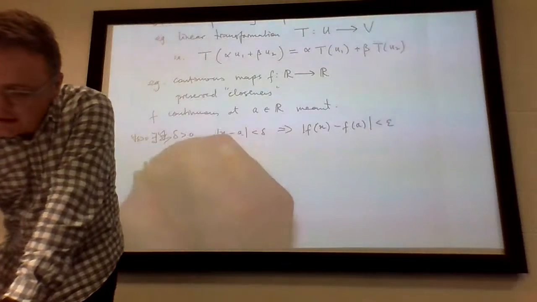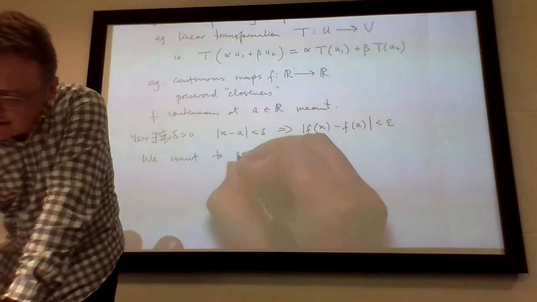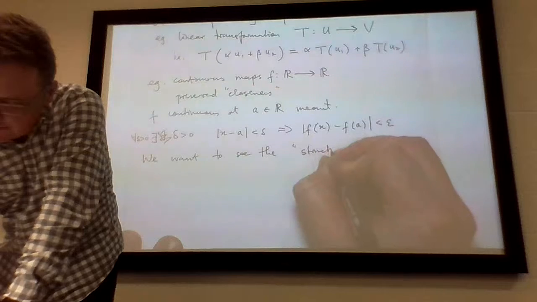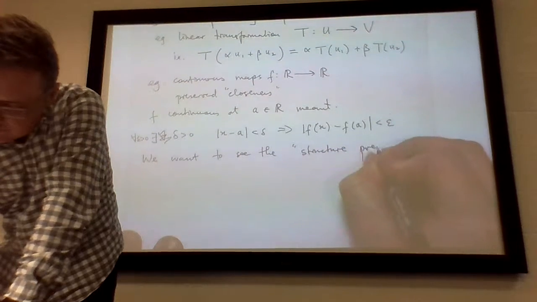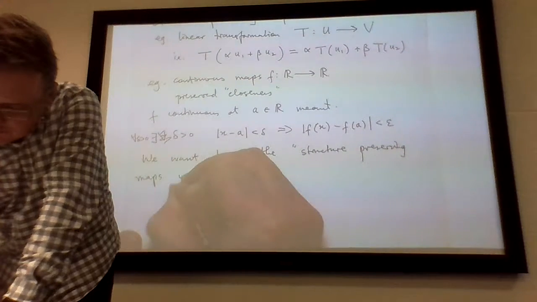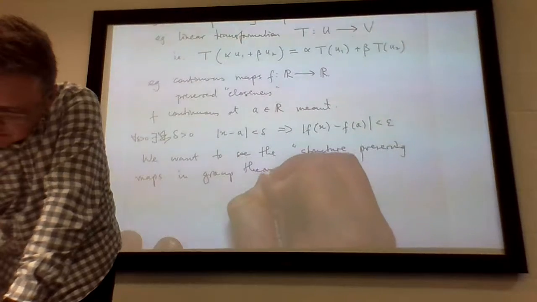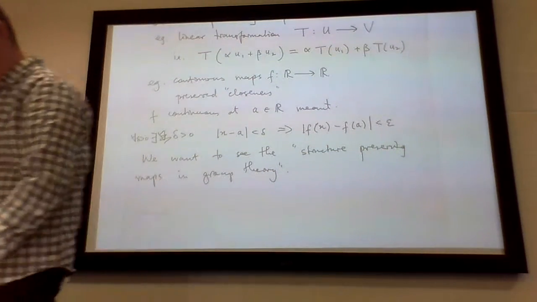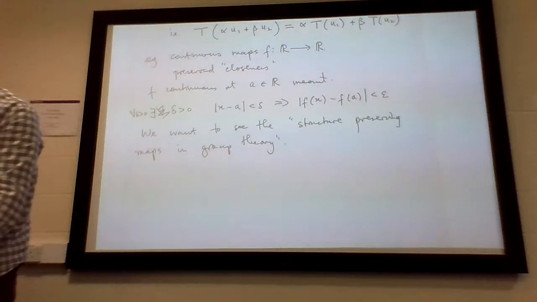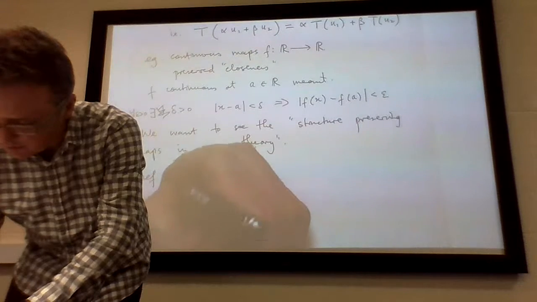So we want to see the structure preserving maps in group theory. Okay. Now we're going to see some very special ones today. So this brings us into the definition at the beginning of section 9.1.